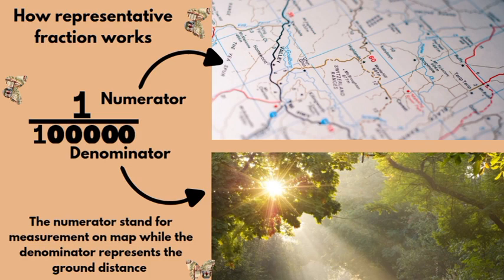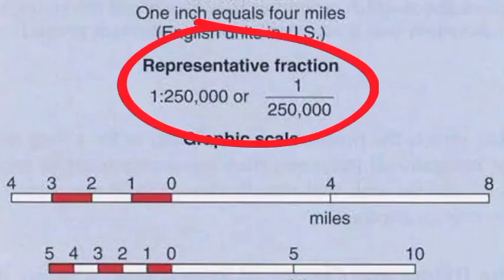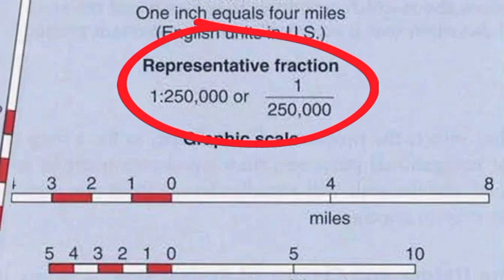And also, the numerator stands for the measurement on map, always the measurement on map, while the denominator represents the ground distance, and this scale helps us to read our map. Also, we can see a better representation of representative fraction, which is 1 ratio 250,000 or 1 over 250,000, and this is how our representative fraction is represented on our map.